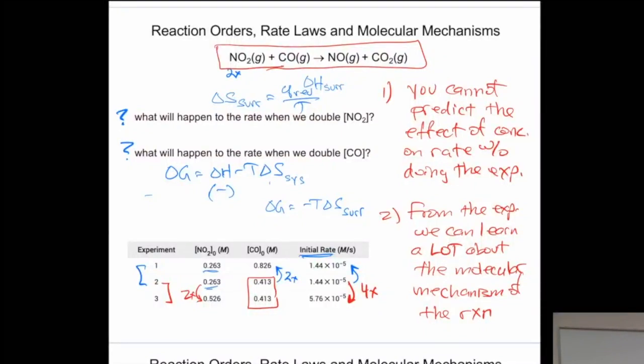And that's one of the main underlying themes of this chapter. The first theme is understand what rates are and how to deal with them. But then how we use that to actually inform us what the molecular mechanism is. We're going to come back to that at the end of the chapter, because that's a really useful thing that understanding rates allows you to do. And the bottom line of all of this is that we've got to actually do the experiment.